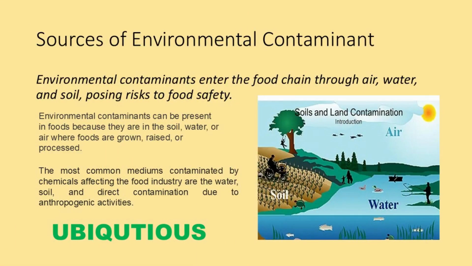So we can see, environmental contaminants are very ubiquitous. What is ubiquitous? Ubiquitous means it comes from everywhere. It comes from everywhere and exists everywhere. So environmental contaminants enter the food chain through air, water, and soil, posing a risk to food safety.